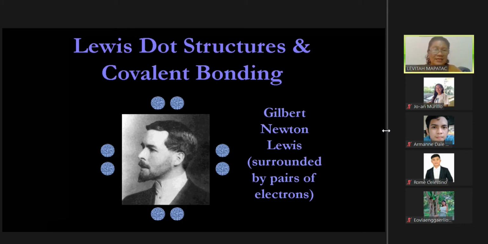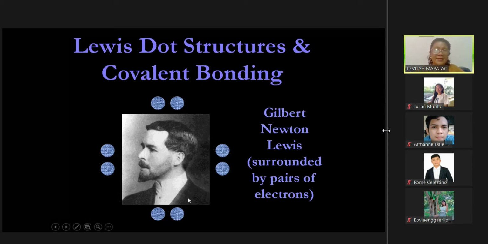So it needs to have 8 electrons in order to bond with another to form into a compound, either by transfer or sharing of electrons. So that is what is meant by Lewis dot structure.